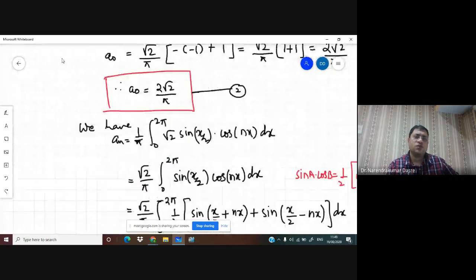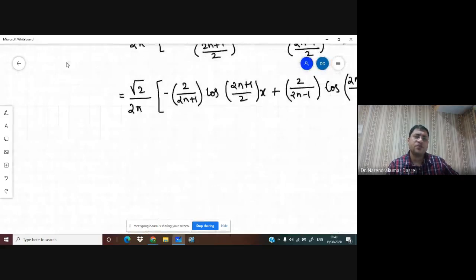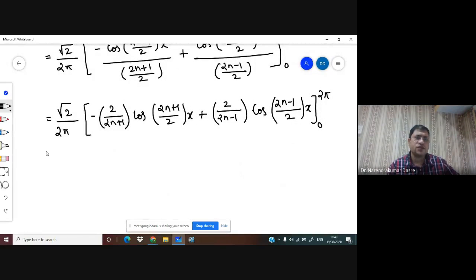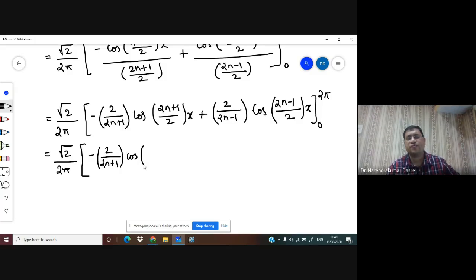Now, what we can have is, see here, let us apply these limits. So we can have, this is root 2 by 2 pi, and now minus 2 upon 2n plus 1, and this is cos of.